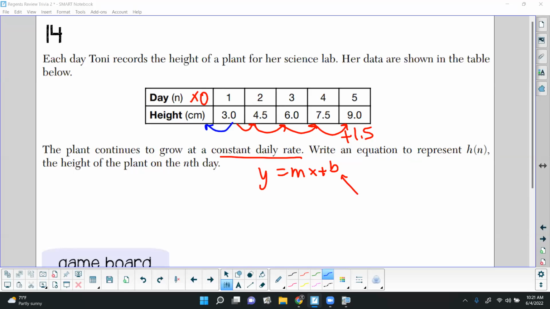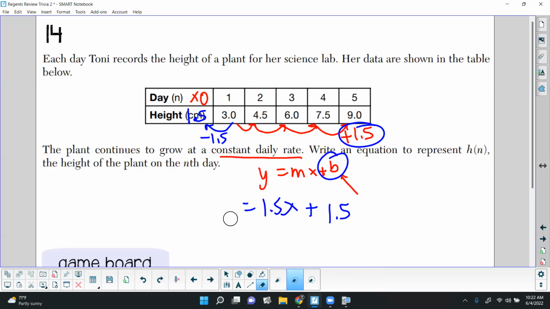All right, so if I work this pattern backwards one time, I would be subtracting 1.5, and that would give me the actual same number, 1.5, right? So my initial value here is 1.5. And my rate of change, which is my pattern here, is also 1.5. All right, so they're asking you to write an equation to represent h of n.